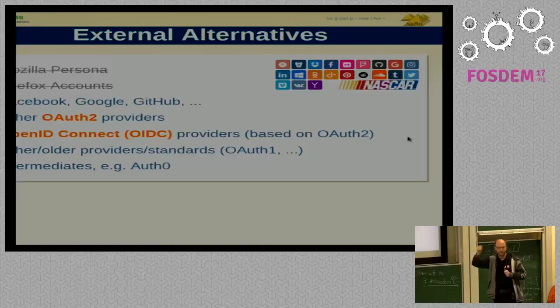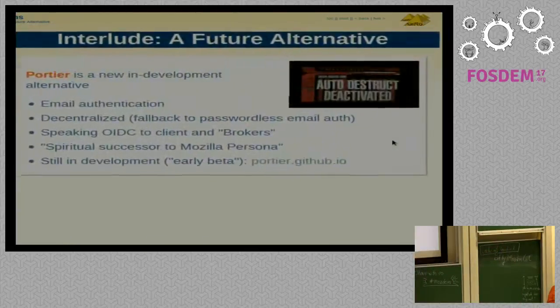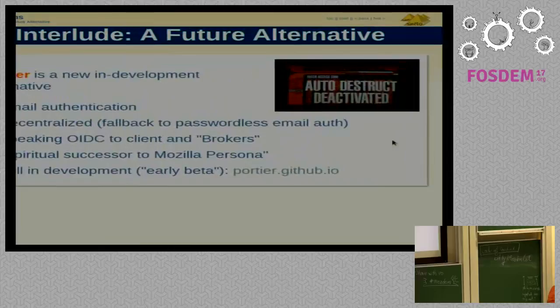It runs on a proprietary server of theirs, so it's not really the thing I want to advertise on an open source conference, but it's something you can use. But for a small website, you may be able to use something different. And I didn't want to use a proprietary middleman.